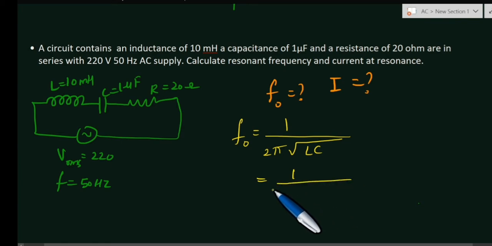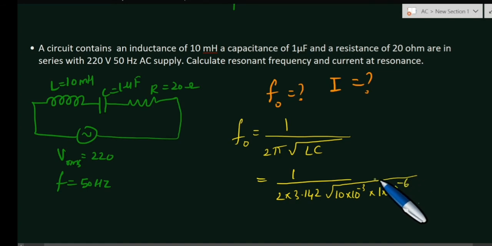So 1 divided by 2 into 3.142, square root of L value 10 millihenry, and C value 1 microfarad, 1 into 10 to the power minus 6 farad. If you calculate it, the value of F naught comes out to be 1592.